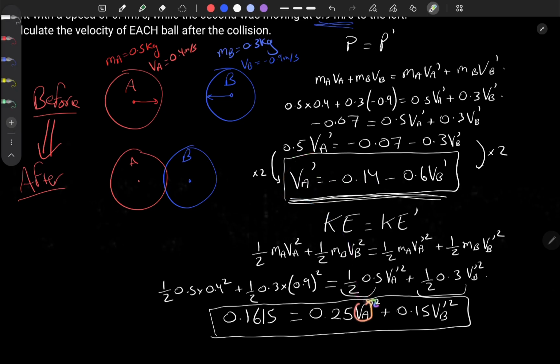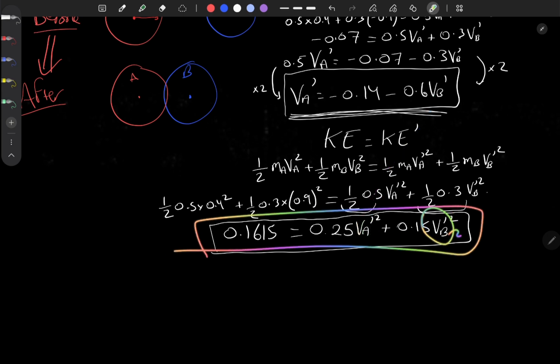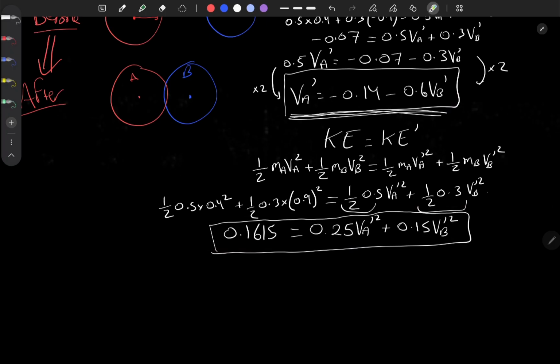Instead of saying VA prime, we're going to say what it's equal to, and that is this. And the reason we're doing this is because instead of having one equation and two unknowns, we're going to end up having no VA prime, we're going to have only VB prime. So we're going to have one equation in one unknown, which happens to be VB prime. So we're going to do exactly that right now.